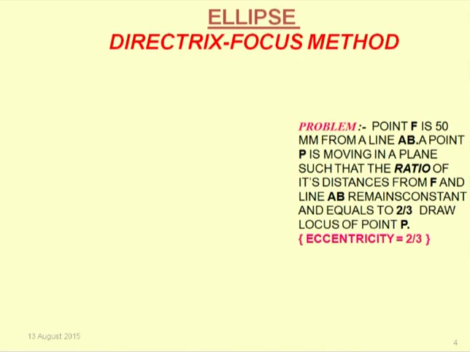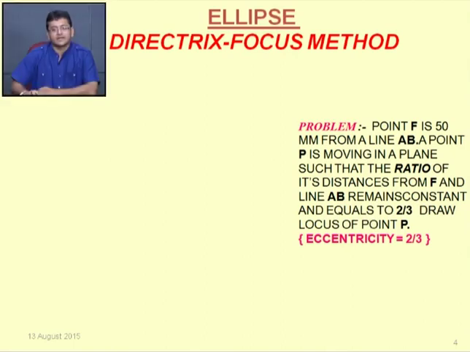The distance from directrix to focus is given, equal to 50 mm, and the eccentricity, as you also know, is the ratio of the distance from the focus and the distance to the directrix. So here eccentricity is given. Let's see how we can draw an ellipse by this method.